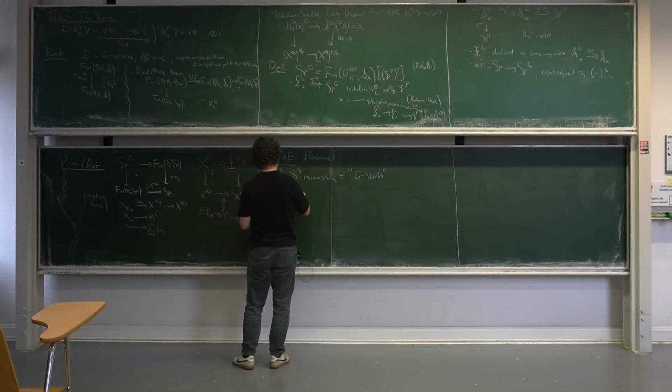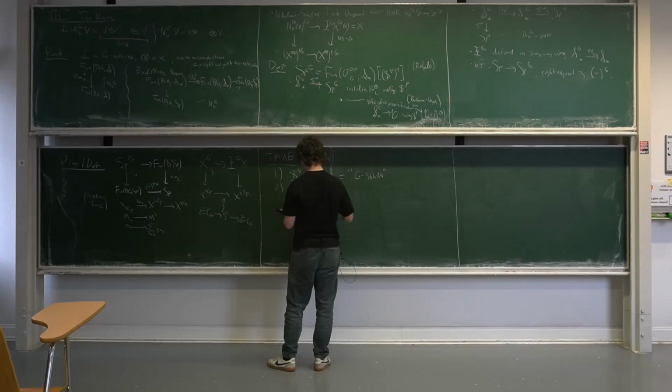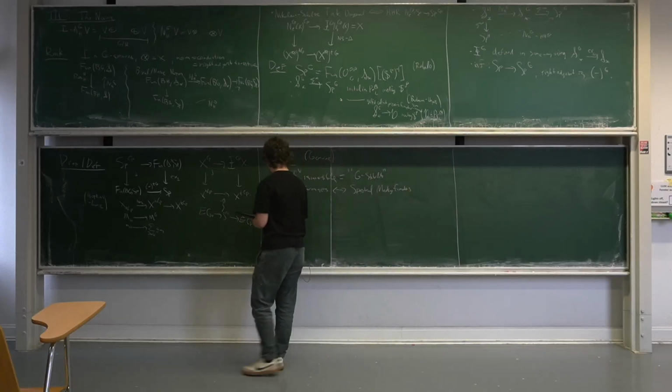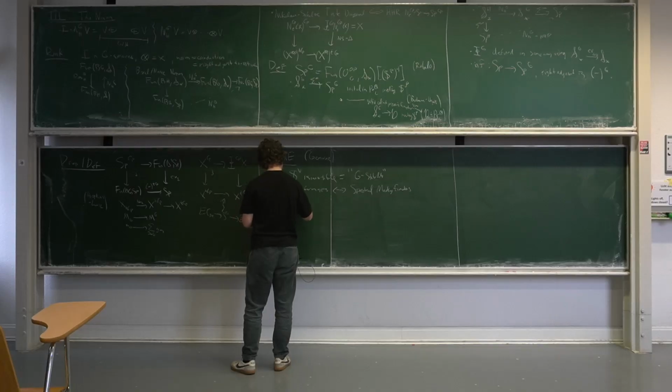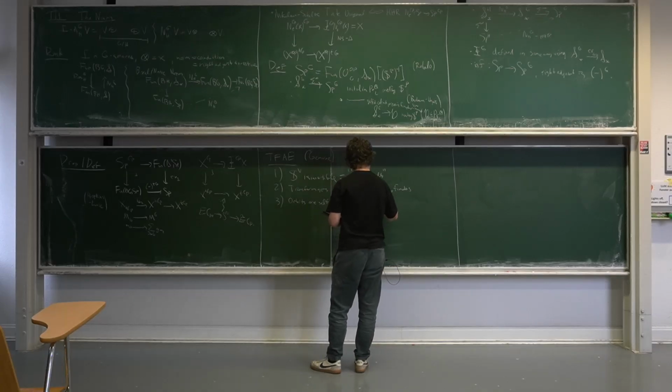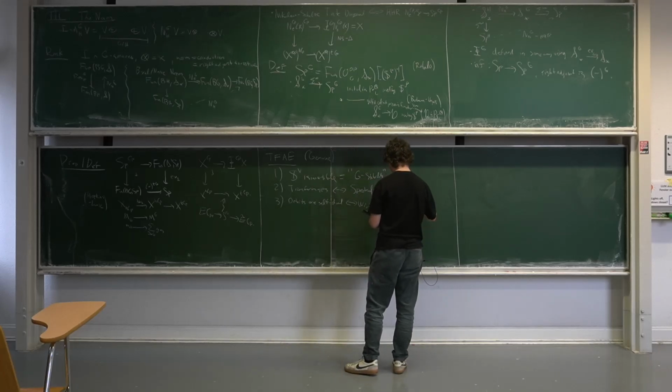Second one is that there are transfer maps in G-spectra, which is what you would mean by modeling G-spectra as spectral Mackey functors.